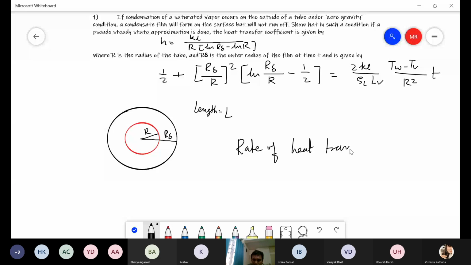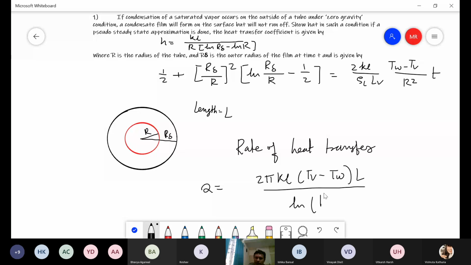So for a cylindrical system the rate of heat transfer by conduction can be written as, directly I am writing this expression, 2 pi K L (TV minus TW) divided by ln R delta by R. This is the same expression which we have seen earlier in conduction from the cylindrical system. So I am writing down this equation directly. There is nothing new in this.